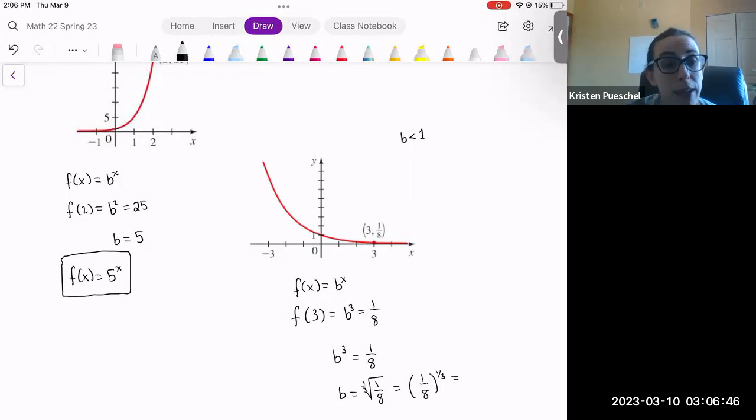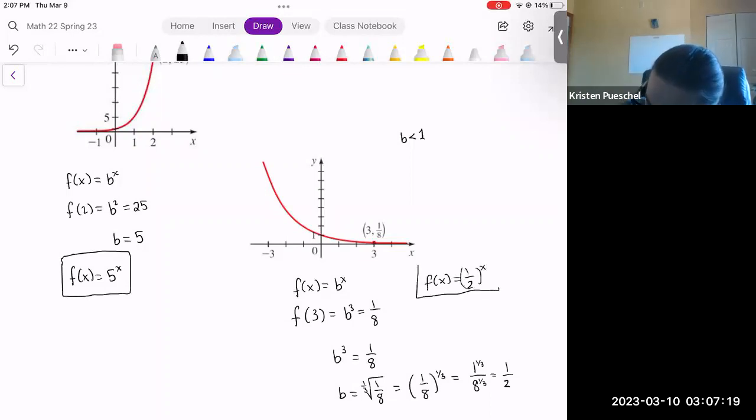And we can take the simplifications that we've seen before, that if you have a fraction to an exponent, we can apply that exponent to the top and bottom separately. 1 to any power is just 1, and then the cube root of 8 is equal to 2. And so we see that our function here is f of x equals 1/2 to the x. Awesome.